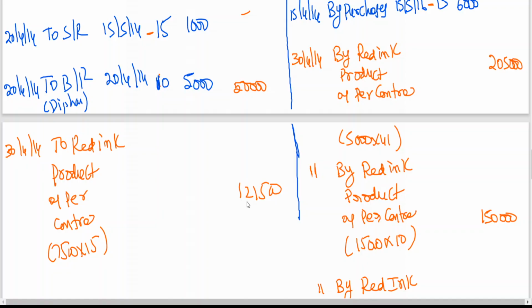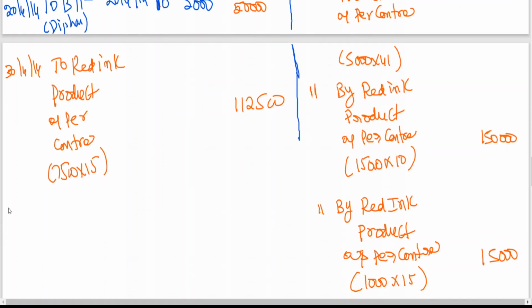Let's check. 1,500 is 1,12,500. Next again, to red ink product, whenever you're getting negative, you should write on the opposite.